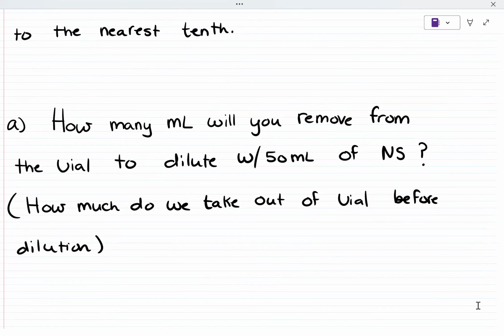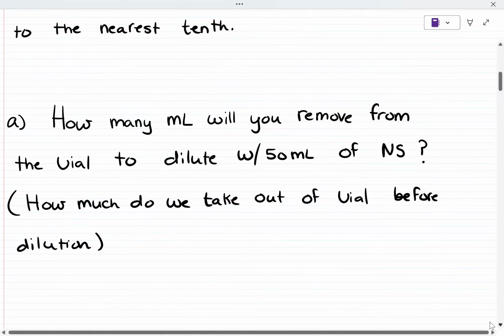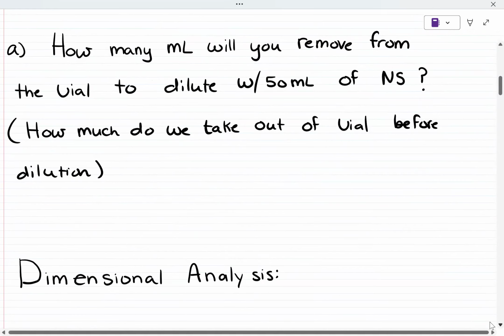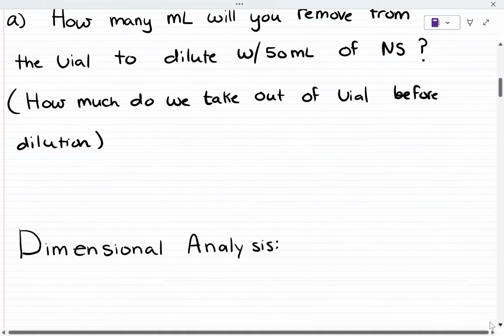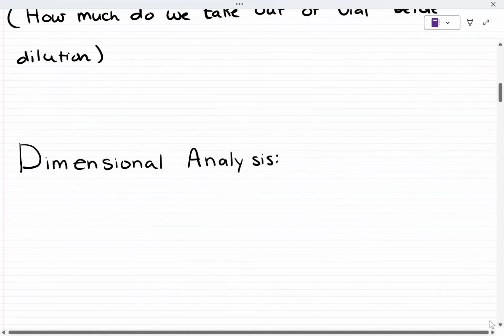On part A we can do it three methods: dimensional analysis, ratio and proportion, and formula method. They're asking how many milliliters, so our final answer shall be in milliliters. Let's start with dimensional analysis.